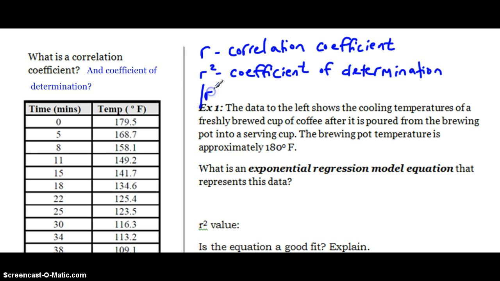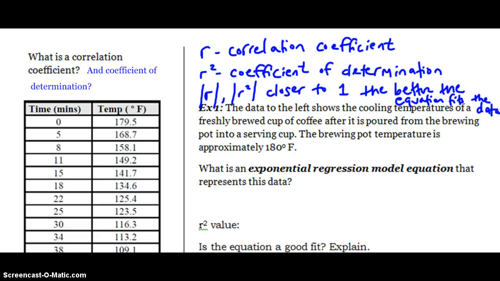So for R and R squared, the closer it is to 1, the better the prediction of the equation will give you. So it's just showing you how strong your equation is.